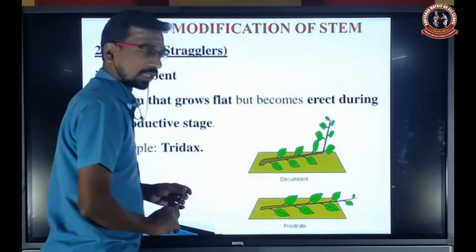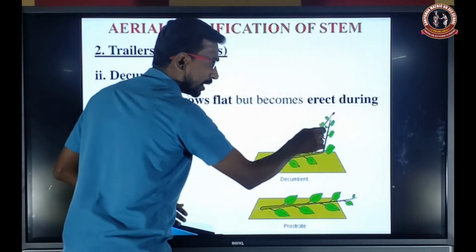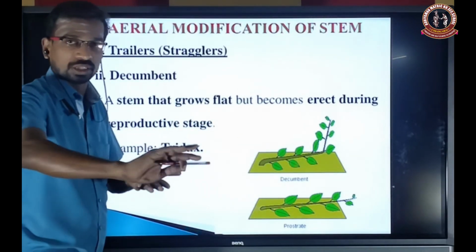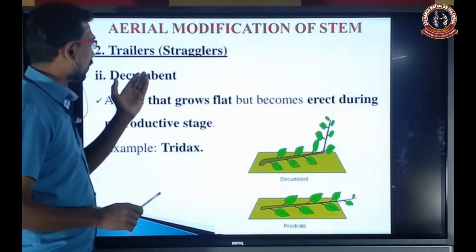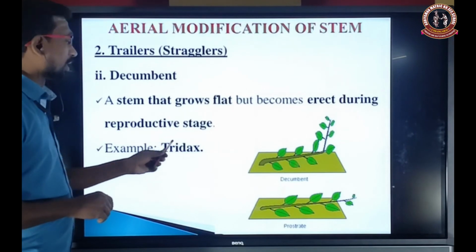How is decumbent different from prostrate? During the reproductive growth, it becomes erect, and during the vegetative growth, it is present near the soil level. That is the difference between prostrate and decumbent. Example: Tridax.